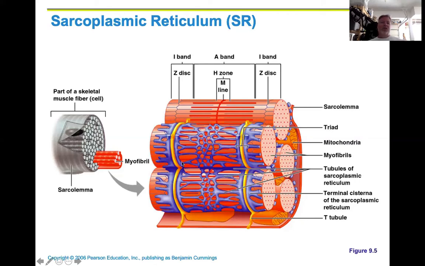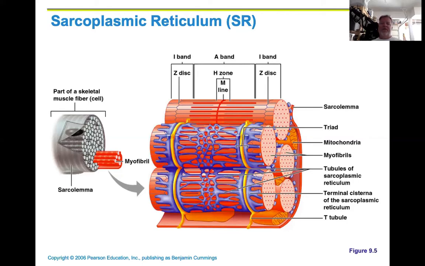So the T-tubules and the SR provide tight-linked signals for muscle contractions. In the T-tubules, there are proteins that act as voltage sensors. And then the SR foot proteins are the receptors that regulate the calcium that's going to be released from the ends of the sarcoplasmic reticulum.